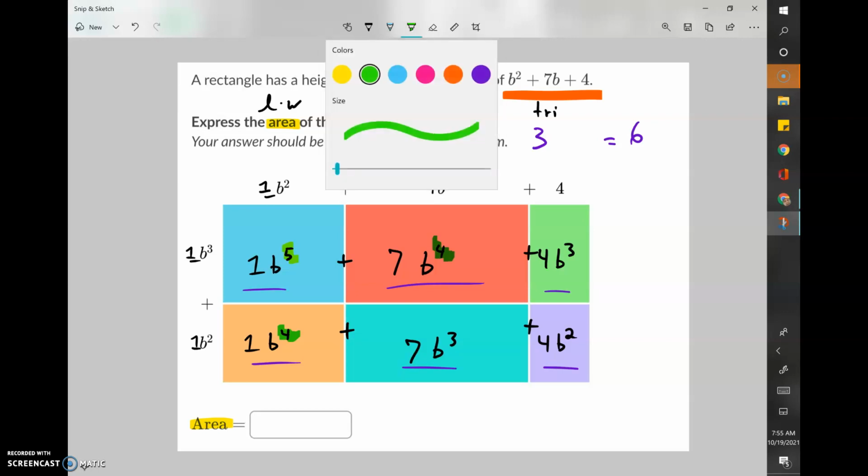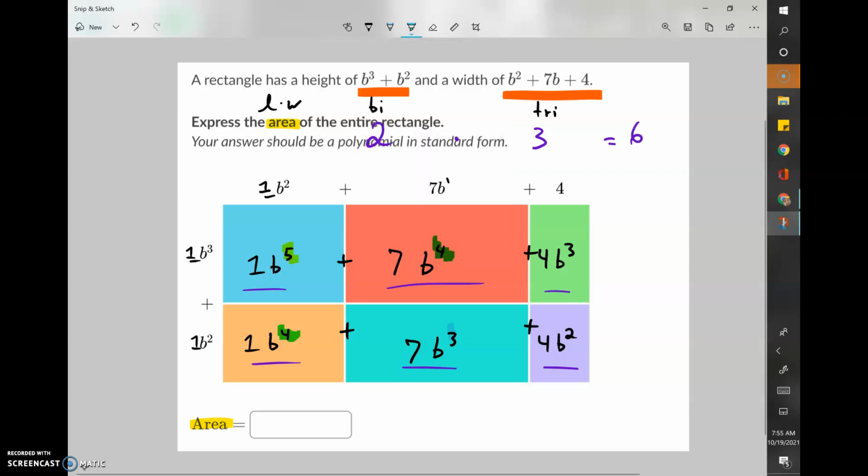Here we have b to the 3rd power. We've got 2 of them that we'll be able to combine, and then we don't have any b squareds. So I can go ahead and add these together because they're like terms. I'm just going to write that right here, combine like terms.